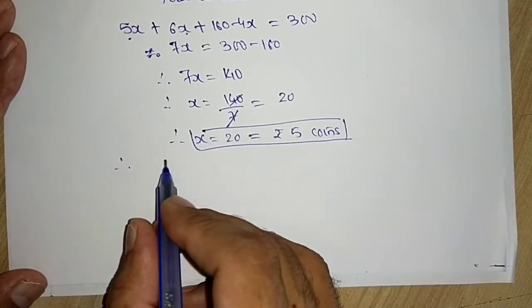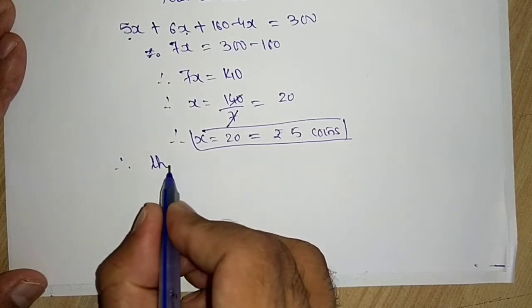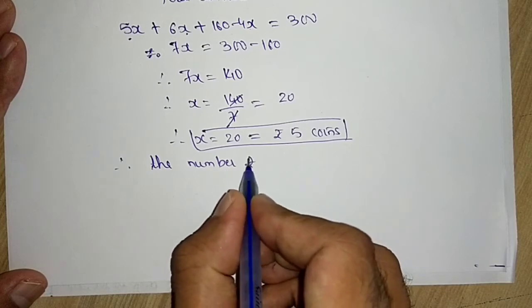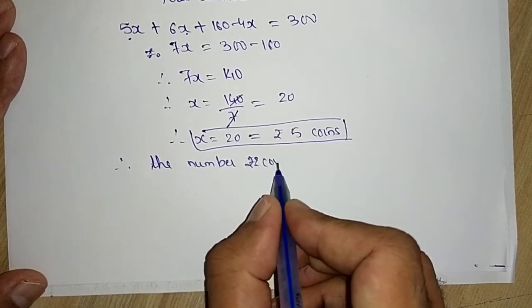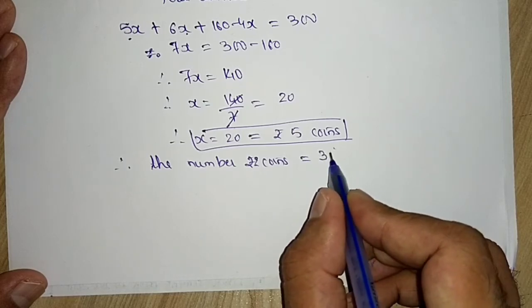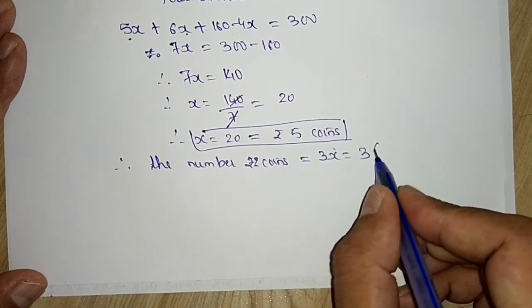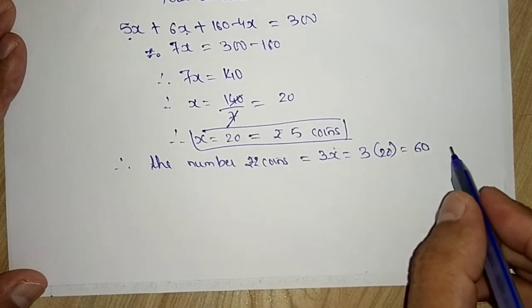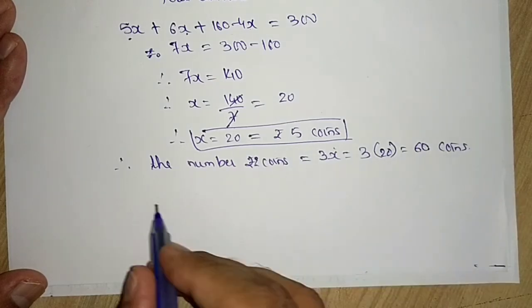Therefore the number of rupees 2 coins is equal to 3 into x, which is 3 into 20, equal to 60 coins.